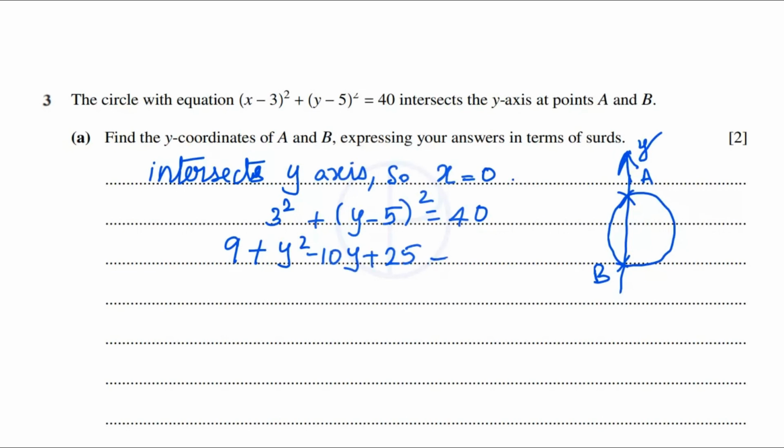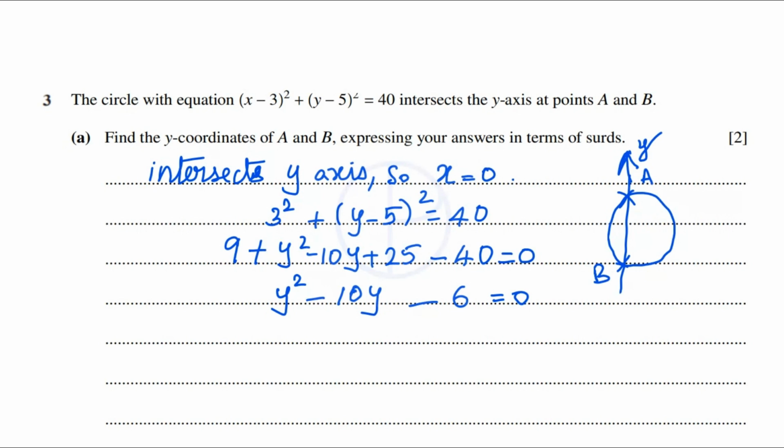Bring this 40 to the left hand side, so minus 40 equal to 0. y square minus 10y. Now combine the numbers 9 plus 25 minus 40, which gives minus 6 equal to 0.